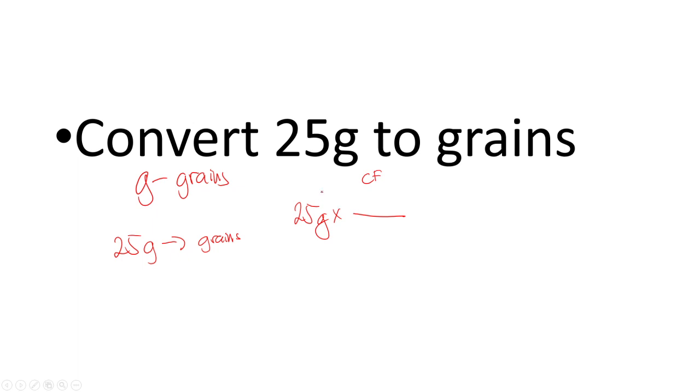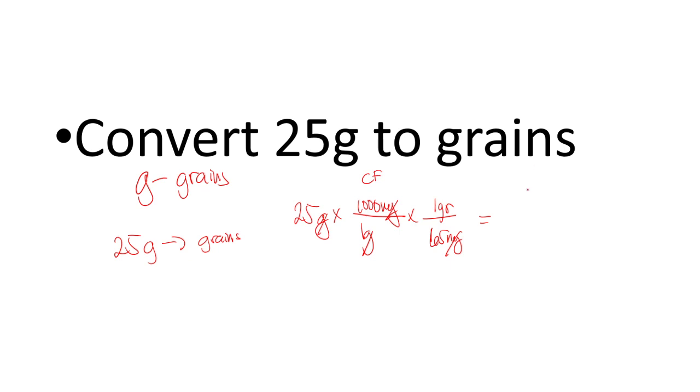I want to go to milligrams first. So 1 gram is 1000 milligrams. Then 65 milligrams is 1 grain. Units cancel out, units cancel out. We will have the final unit in grains. So we have 25 multiplied by 1000 divided by 65.